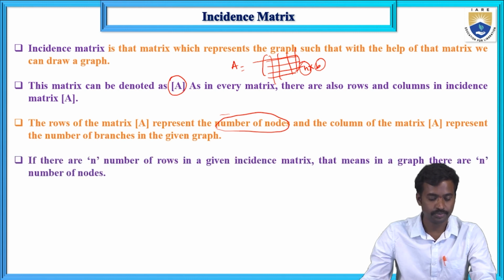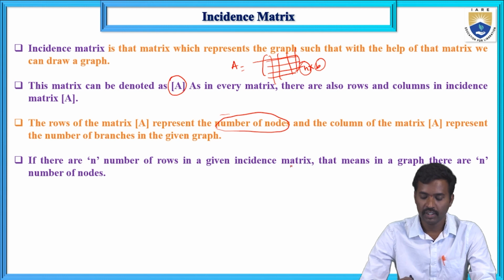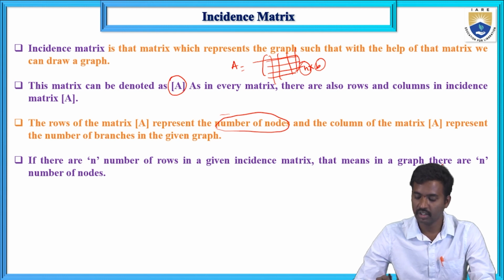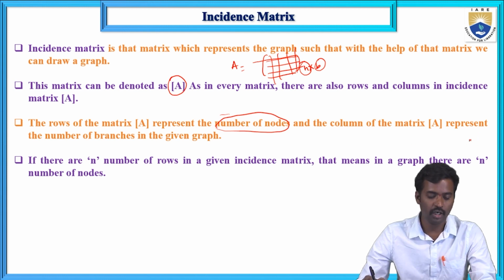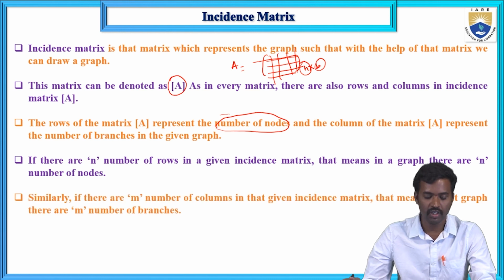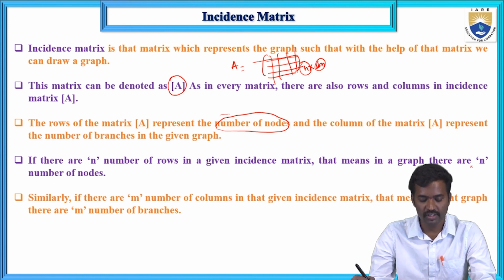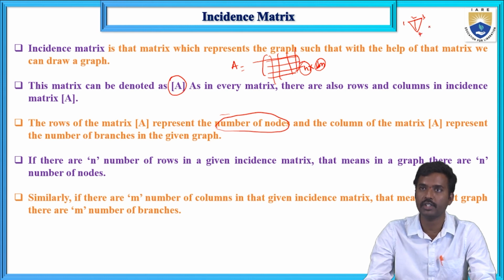If there are n number of rows in a given incidence matrix, that means the graph consists of n number of nodes, and if there are m columns, that means the graph consists of m number of branches. Suppose this is the graph. The possible number of nodes are 1, 2, 3, 4. Two or more elements connected to one point is known as a node.